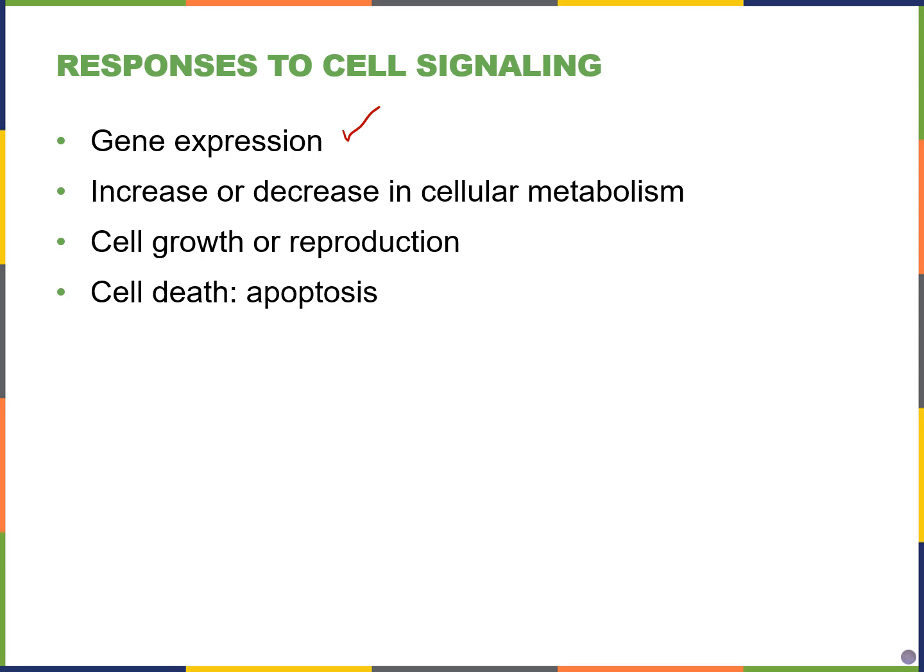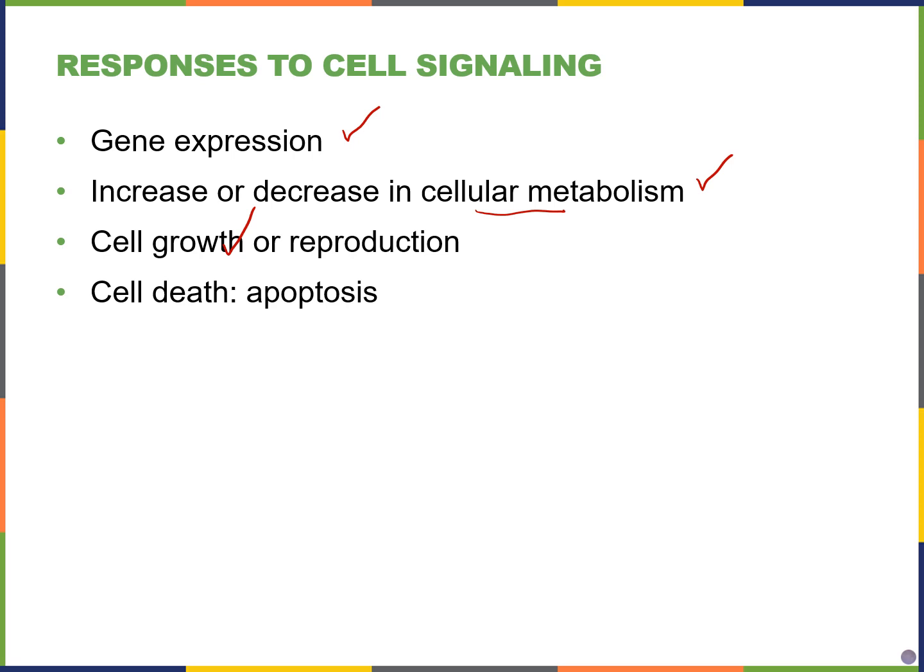Another response could be to increase or decrease the cell's metabolism. So, for example, glycolysis or the Krebs cycle or the electron transport chain could speed up, or it could be inhibited. Other responses include cell growth, so the cell could increase in size, such as during mitosis or cell reproduction.